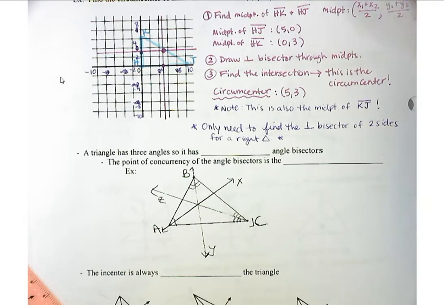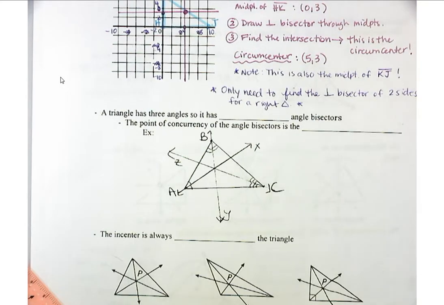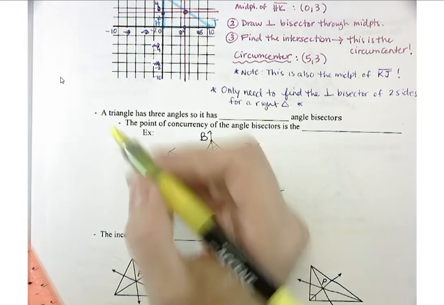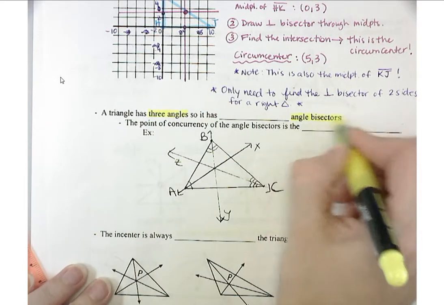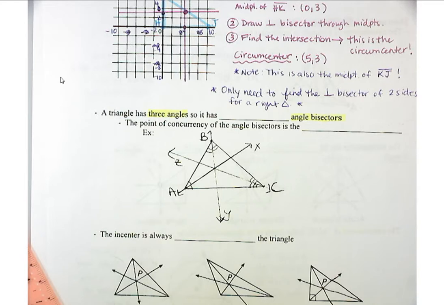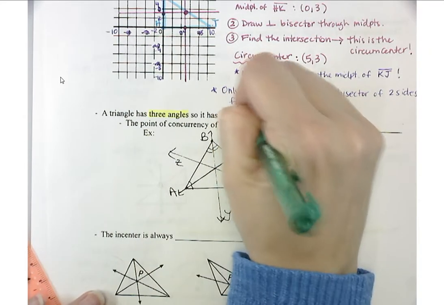All right, so the next thing we're going to talk about is something called the incenter. A triangle has 3 angles, which means it has how many angle bisectors? 3. A bisector for each angle.